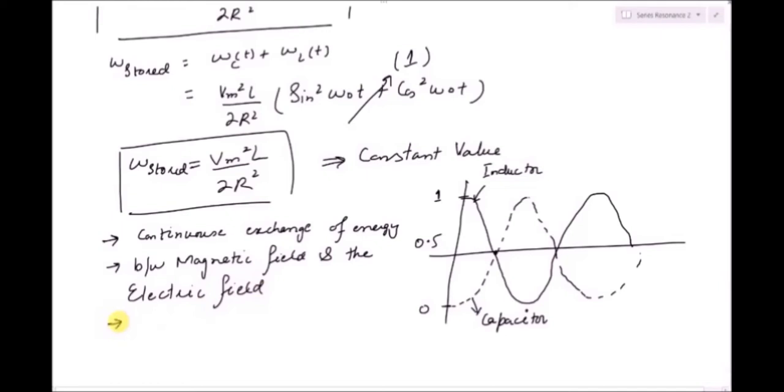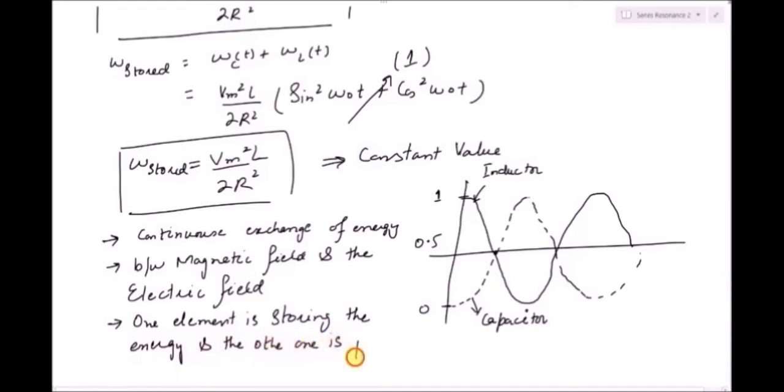And at any given moment, one element is storing the energy and the other one is providing the energy. But the total energy of the RLC circuit is always constant.